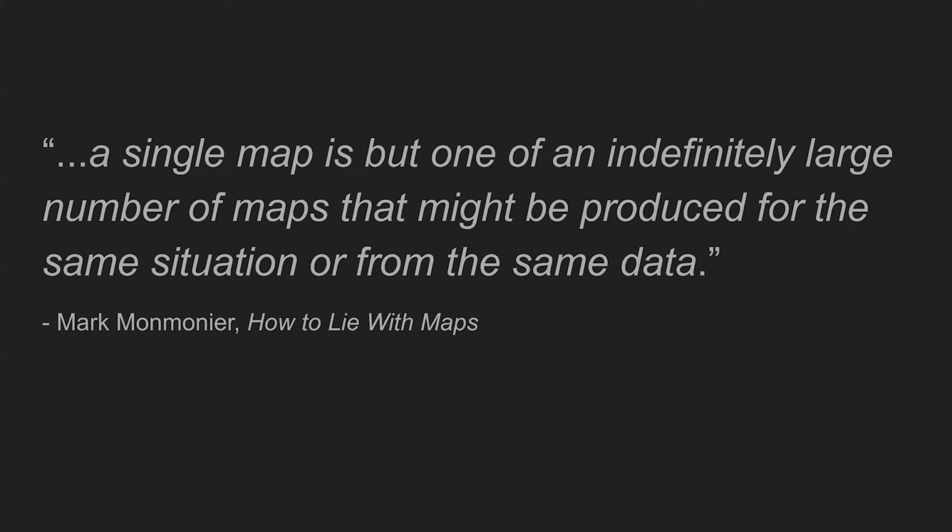So if you showed me a map and I said, oh, why don't you change the font or move the labels for towns to the opposite side of the dot, that's still using the same data. So you can make a million different types of maps from the same set of data. And there are a bunch of different choices that you can make by what you choose to suppress, what you choose to emphasize, and how you represent certain things.